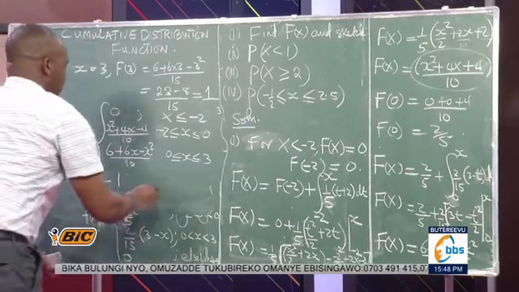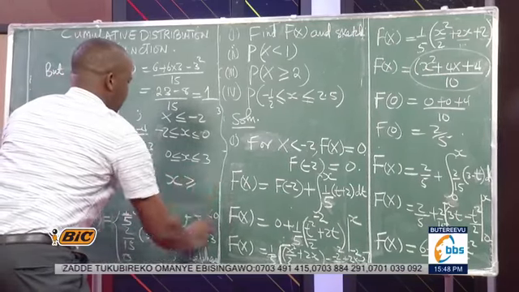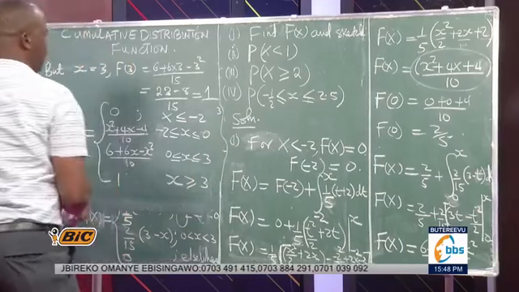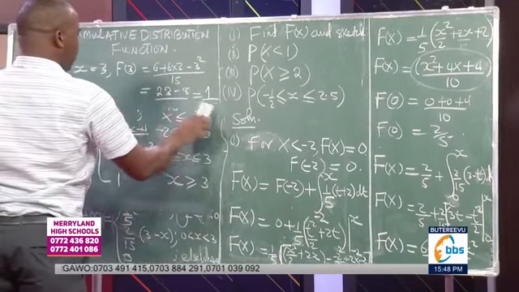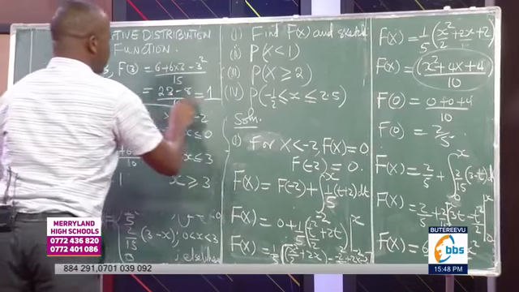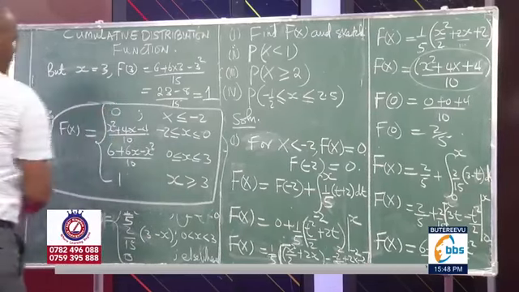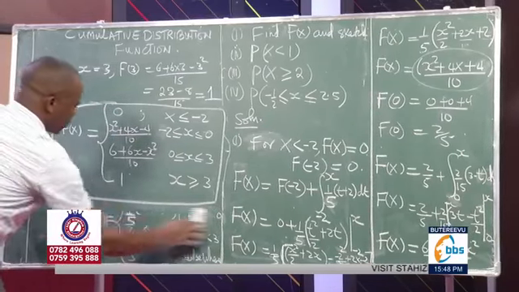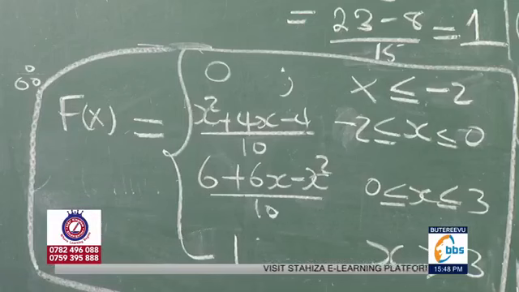The 1 is for x greater than or equal to the upper limit 3. This gives us our final function f of x.